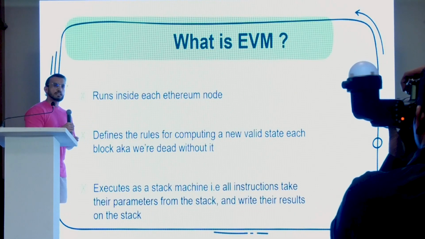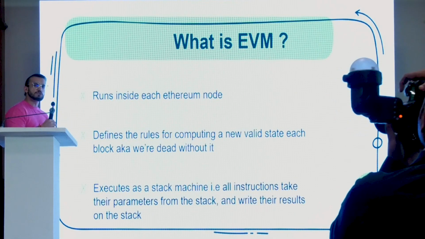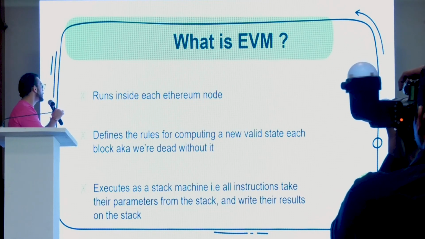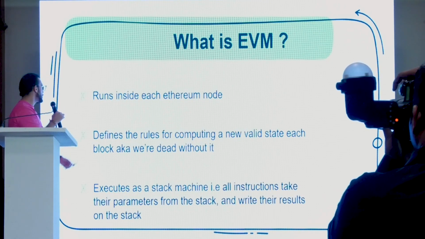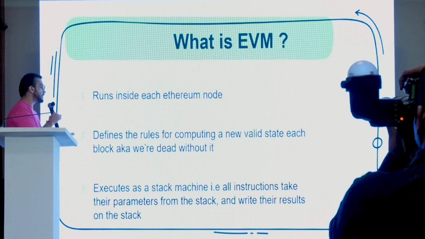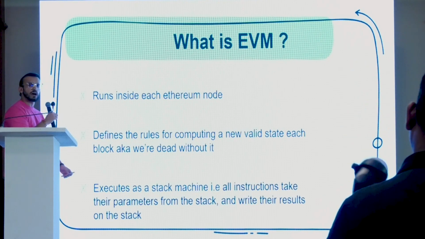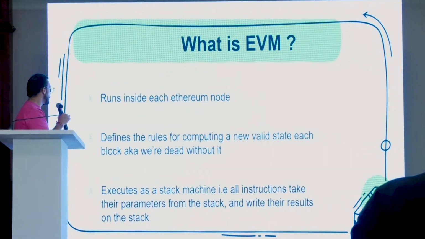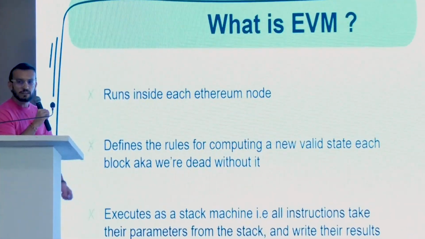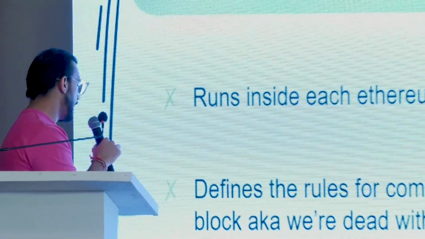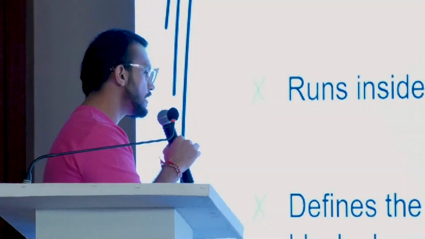So what is the EVM? Basically, it's a virtual machine running inside each Ethereum node. It defines rules for computing a new valid state each block, aka we are dead without it. And it executes as a stack machine.